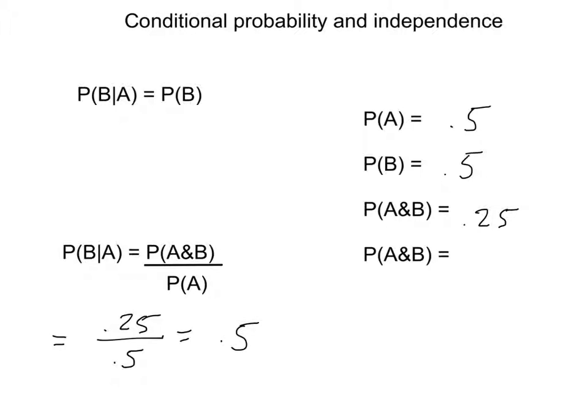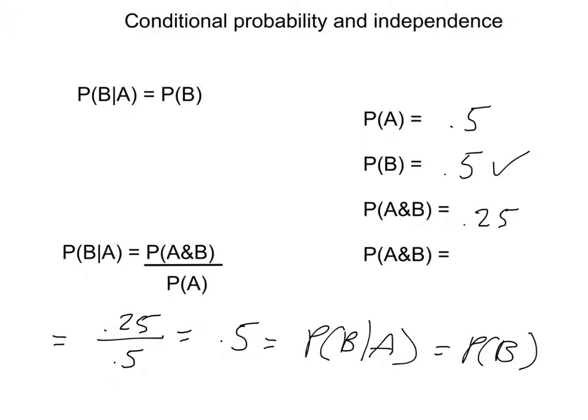So then we look here, so this is probability of B given A, and 0.5, that should equal P of B. And check here, P of B equals 0.5, check. So when the probability of them both occurring is 0.25, this means that they're independent.